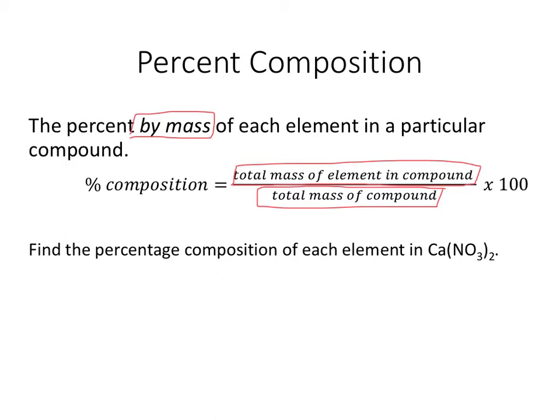So find the percent composition of each element in CaNO3. This compound should look a little familiar. We found its molar mass just a little bit ago. So we're going to use that same molar mass. Ca had a mass of 40.1. There were 2 nitrogens, and so that total had a mass of 28, 2 times 14.